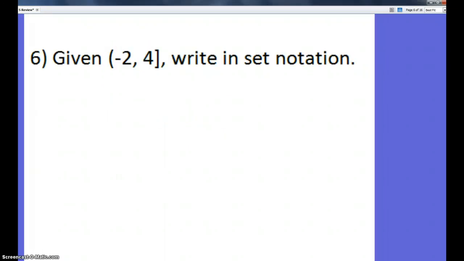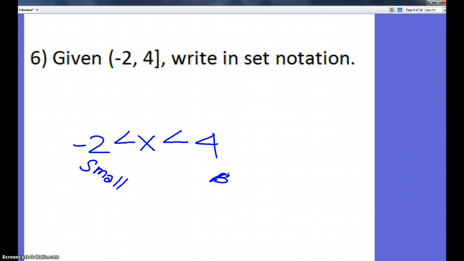So this one, we're going back to the other way that we wrote it. Remember how we put our two numbers? And it says write it in set notation. We really can use whatever letter we want to, but I might as well use X. Remember that when we are writing in set notation, the alligator wants to eat what's in front of it, or what's after it, because the small stuff is over here and the bigger stuff is over here.